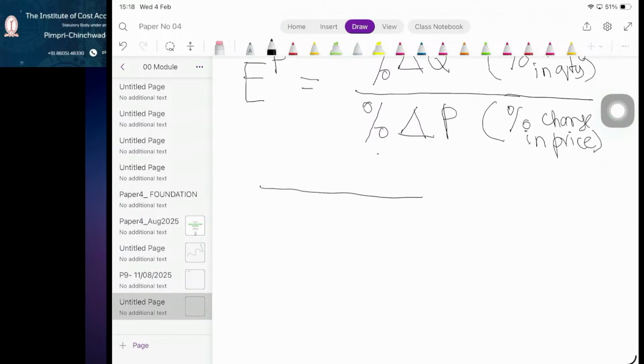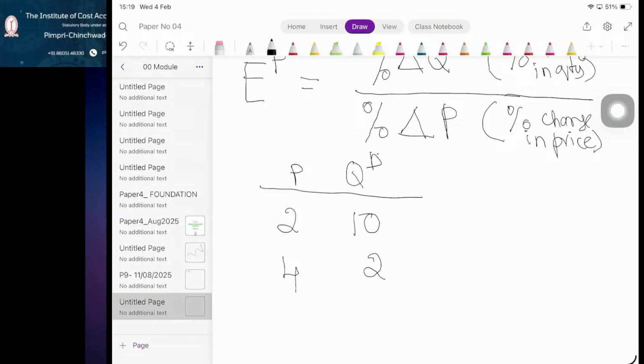Let us look at a hypothetical demand. Let us say price is 2, quantity demanded is, let us say, 10. And let us say price goes to 4, and the quantity declines to, let us say, 2.